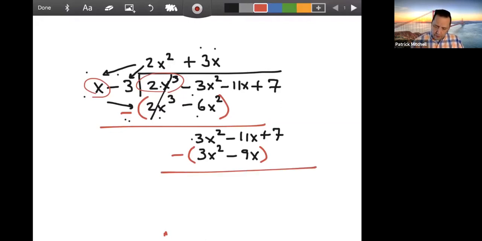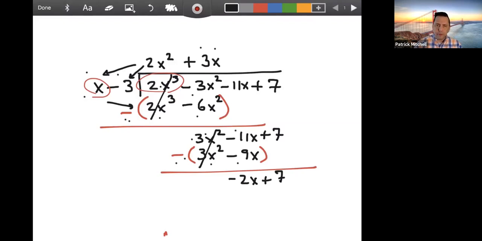All right, so 3x squared minus 3x squared cancels. Those two should always cancel. Negative 11x minus negative 9x is the same thing as negative 11x plus 9x. That is negative 2x. And now bring down the plus 7. All right, one more time.